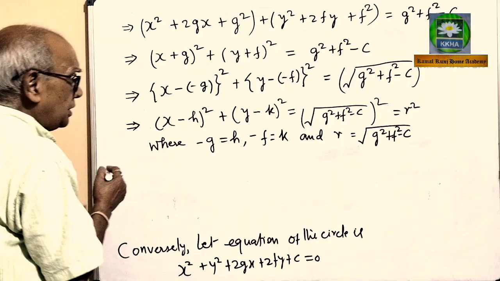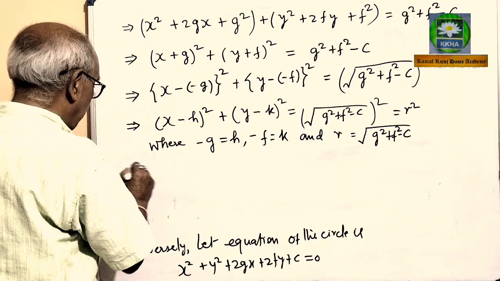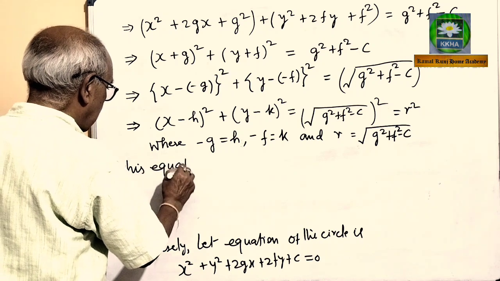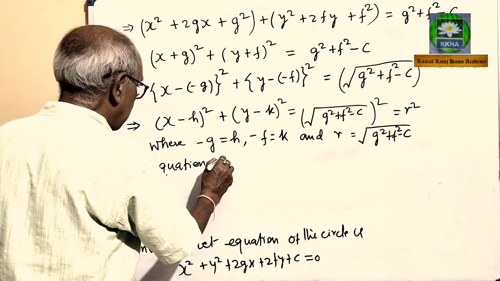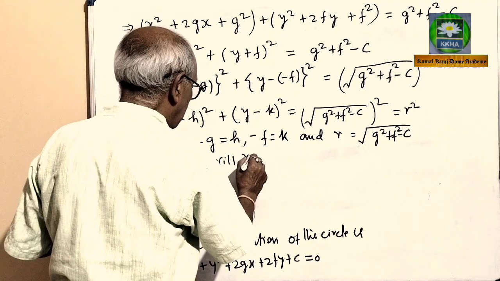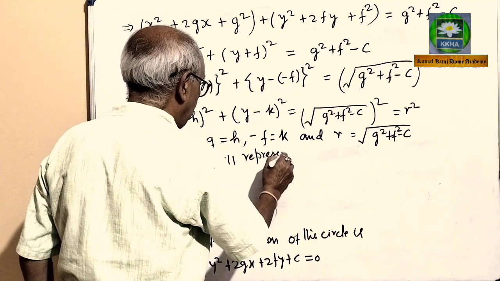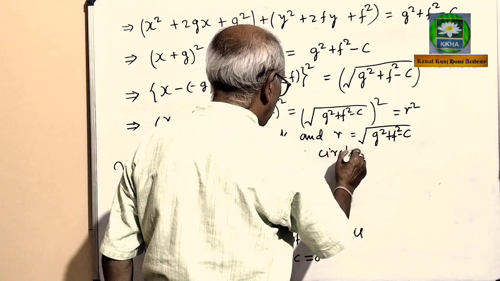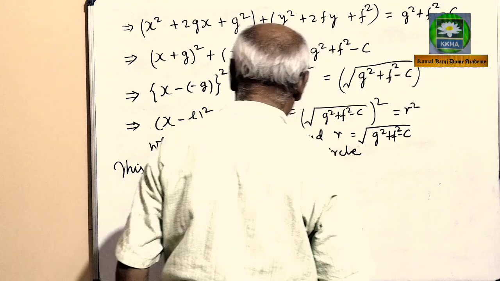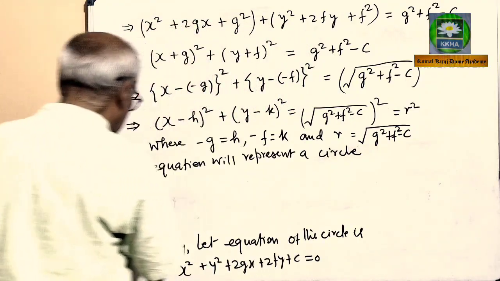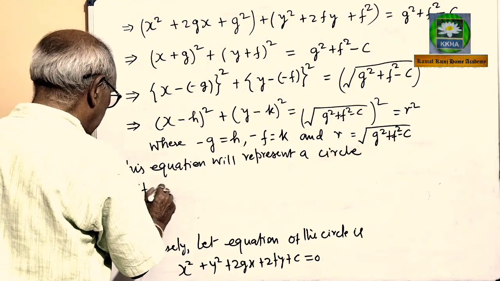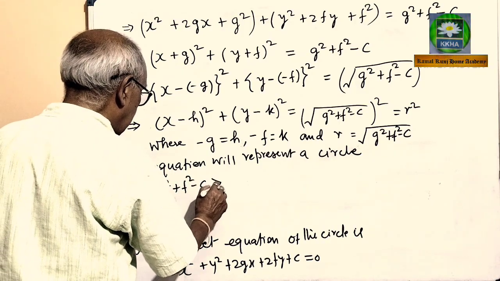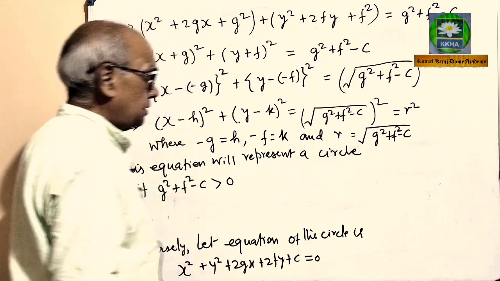Now this equation will represent a circle if g square plus f square minus c is greater than 0.